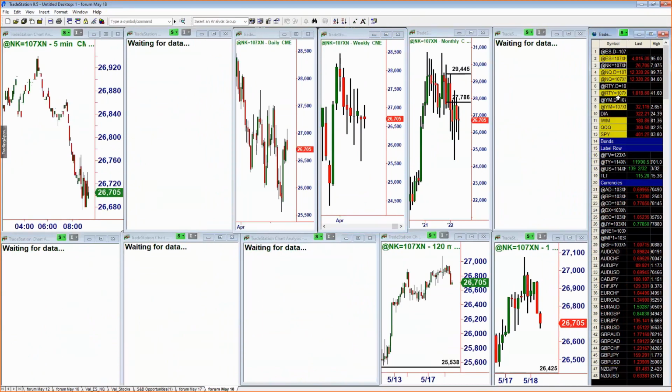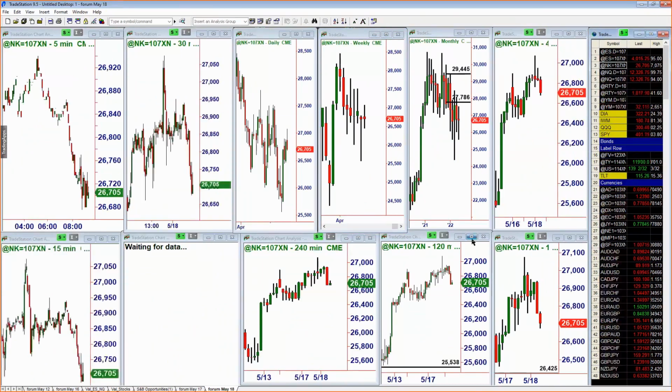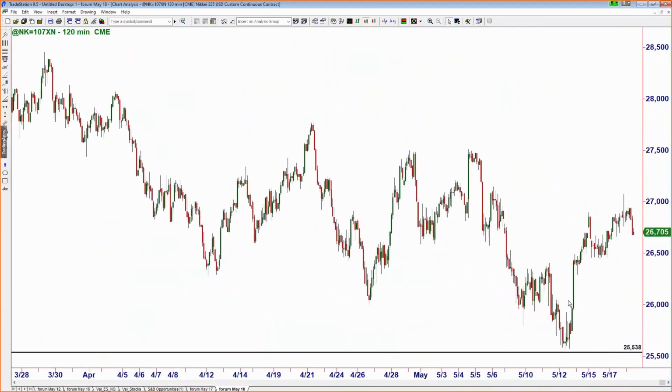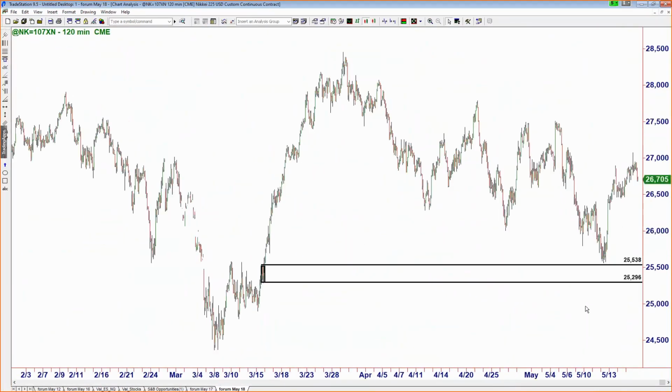So another piece of evidence where demand is likely to be. I just showed you, if we go below last week's low in the S&P, there's a demand zone sitting a bit lower. But if we go below last week's low in the Nikkei, there's a demand zone sitting right there. In the Nasdaq, it's a little bit lower than this.